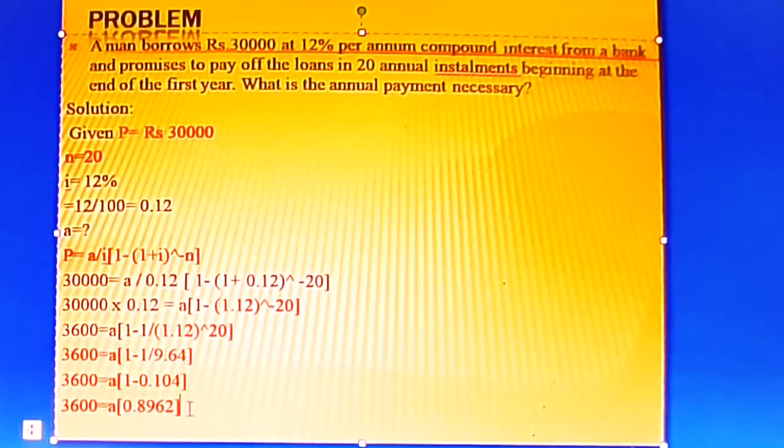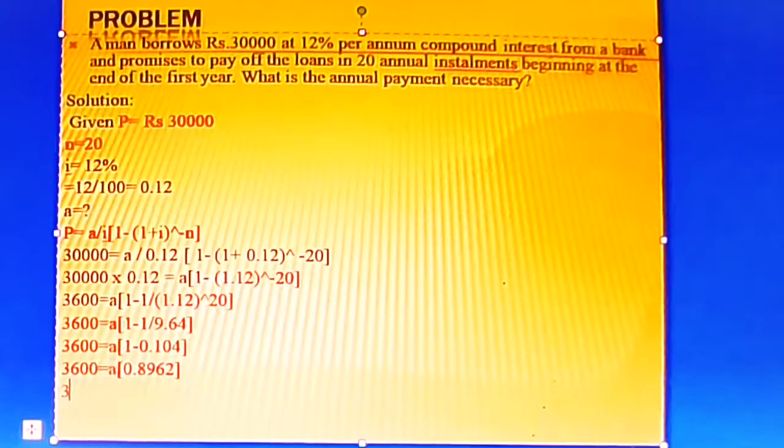Alright, so you'll get this. A times, it is in multiplication, so this value, if I bring it to the other side, it will become division. So the next step is 3600 divided by 0.8962. Use your calculator and tell me quickly what is the answer.